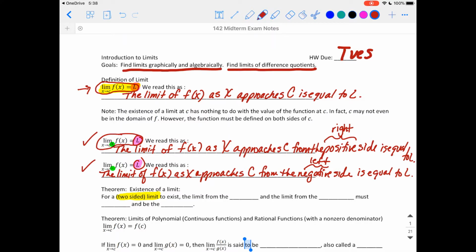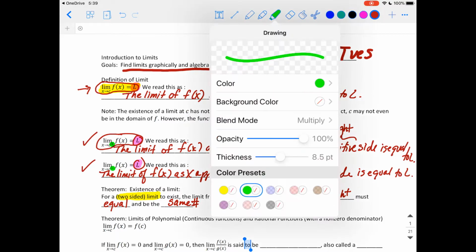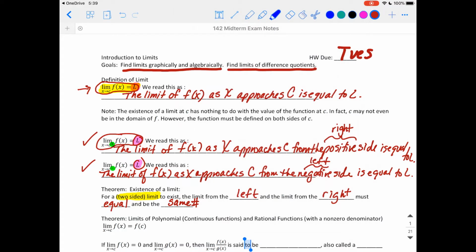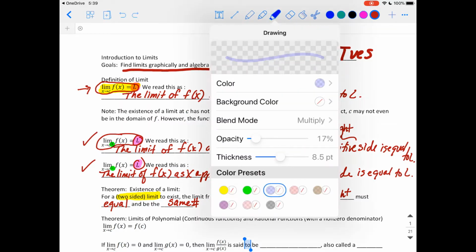And let's fill in the blanks here. It says for a two-sided limit to exist, the limit from the left and the limit from the right must be equal, and obviously be the same number. So this equal and the same number, let me highlight it here. Maybe I should be consistent with the coloring.